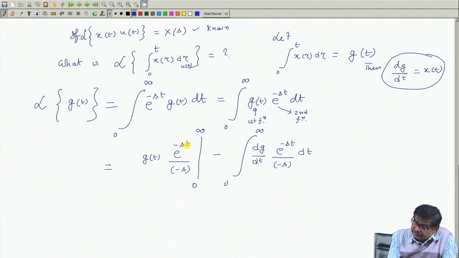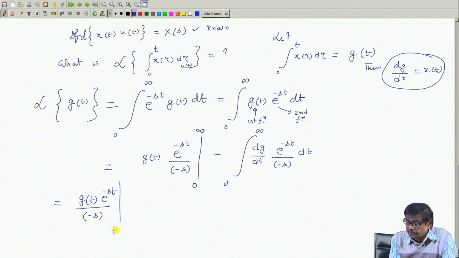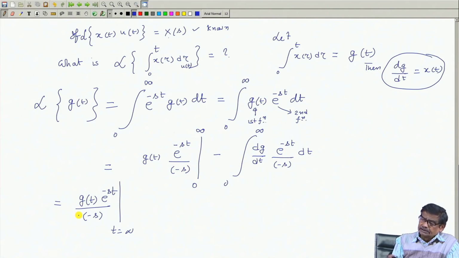Now this is once again g(t) into e to the power minus st by minus s. I have to evaluate this at t equal to infinity, and the result I know will be 0. Why? g(t) is a reasonably good function. As t tends to infinity, that e to the power minus sigma t will vanish, no matter what the functional value of g(t) at infinity is.